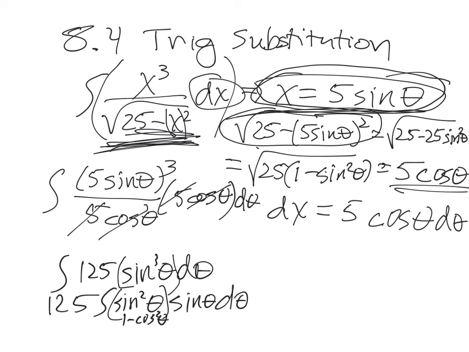This one, if it's a minus x squared, that's where you use x equals a sine theta, using a in general based on what we have here. X squared minus a squared, well, there you would use what? Secant theta. And then x squared plus something, you would use your tangent. Okay?